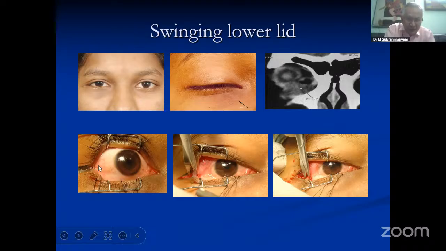So what do we do? Under general anesthesia, compress the lateral canthus, then cut it, make the lateral canthotomy, and change the direction to cut the lateral canthal tendon.